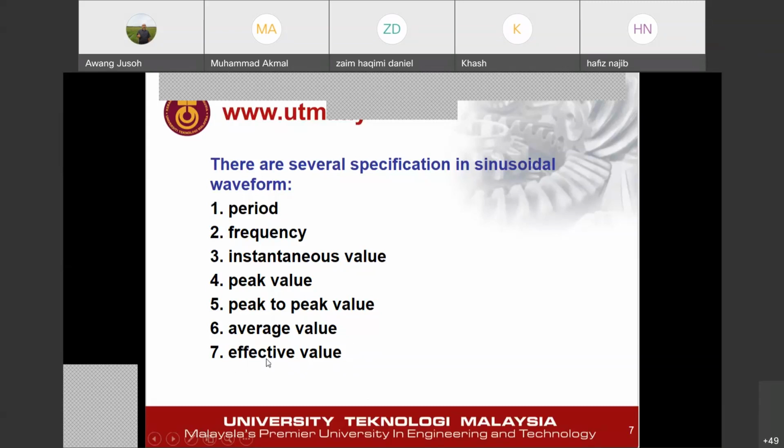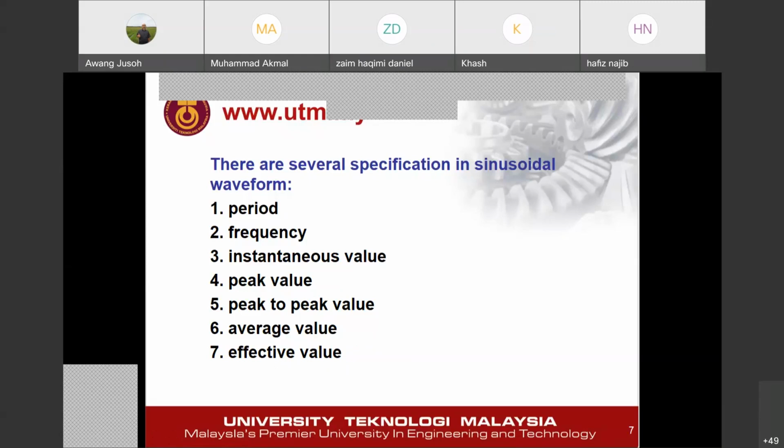But in AC, since the voltage or the current changes with respect to time, you need to find the effective value, which gives the same amount of heat absorbed by that particular load, for example a resistor. If a resistor in DC consumes 10 watts of power, then with the AC supply, the AC must also generate 10 watts of power in the particular load.